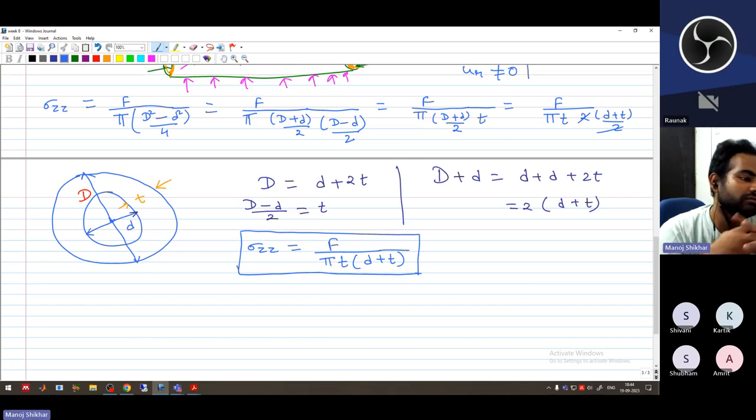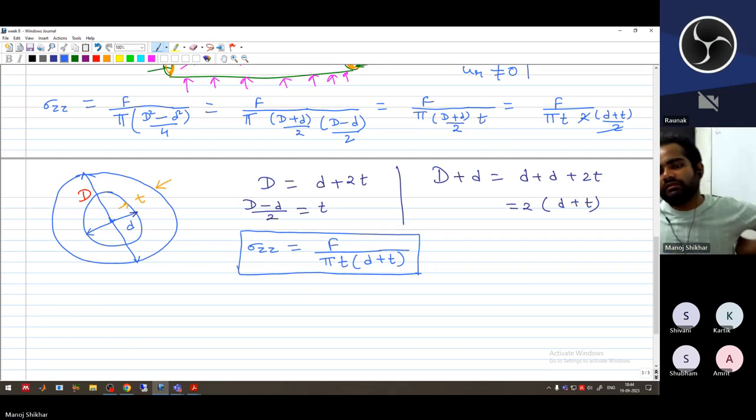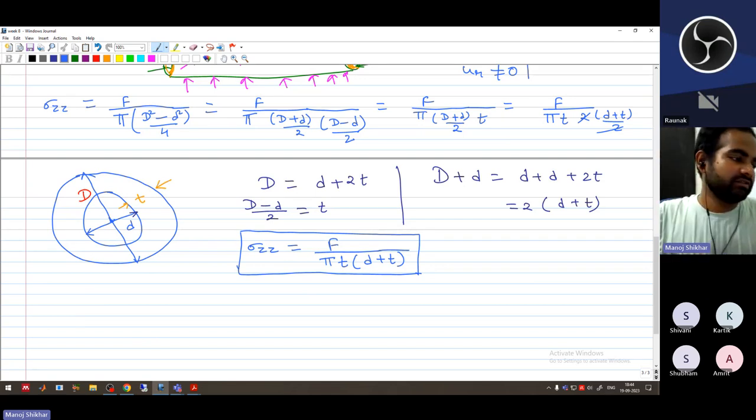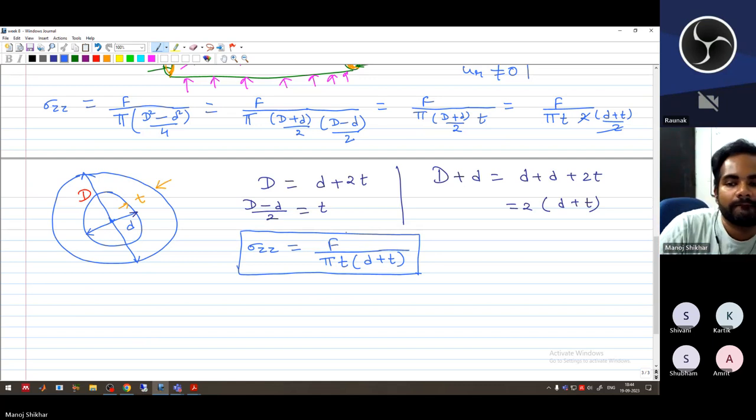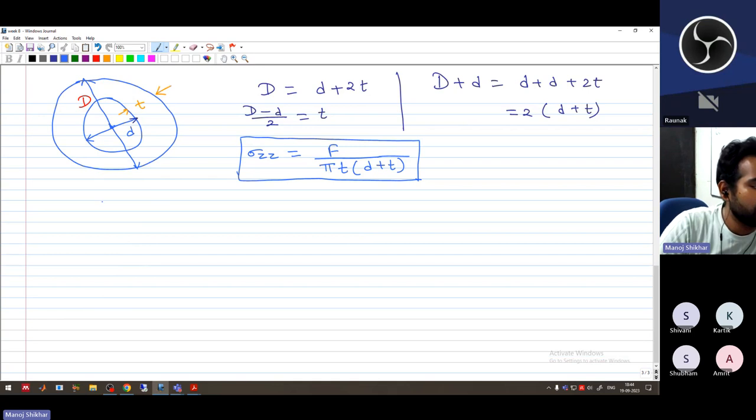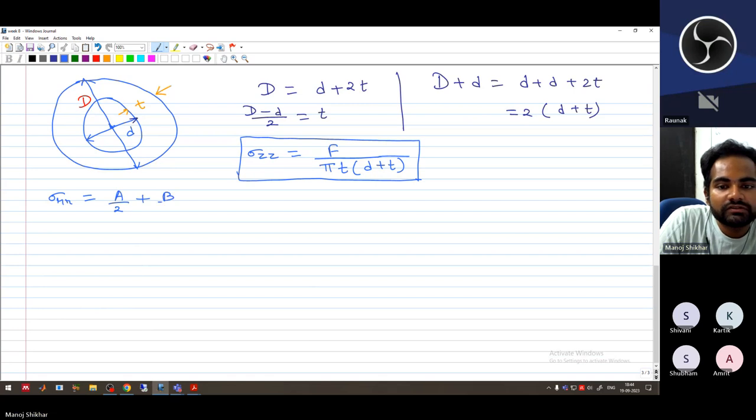Here there is one assumption: that sigma zz does not vary with thickness. That is, sigma zz does not vary in the r direction. Now in class, we have already seen the expressions for sigma rr and sigma theta theta. I can't derive these expressions again because it will take a lot of time, so I'm just writing them here.